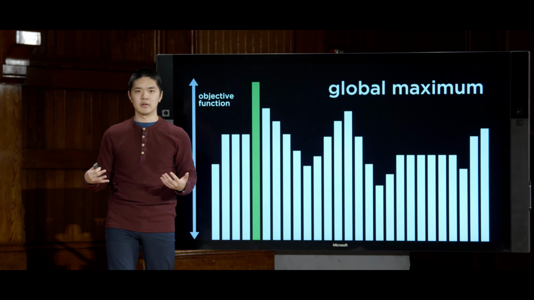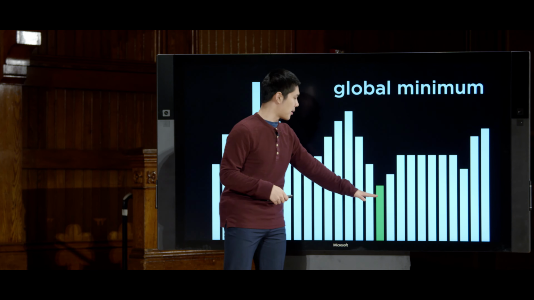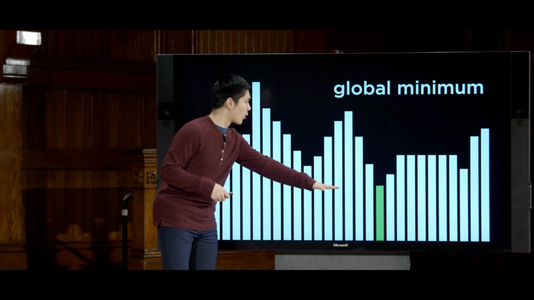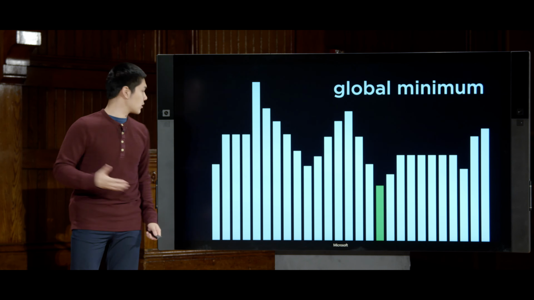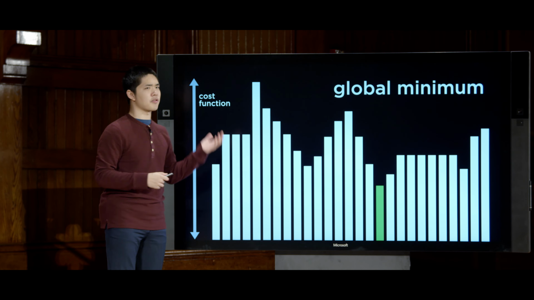And ultimately, our goal is to find one of these states that has the highest possible value for that objective function. An equivalent but reversed problem is the problem of finding a global minimum, some state that has a value after you pass it into this function that is lower than all of the other possible values that we might choose from. And generally speaking, when we're trying to find a global minimum, we call the function that we're calculating a cost function.